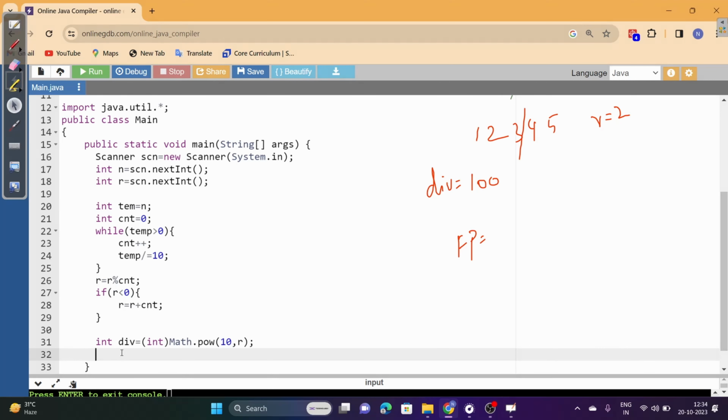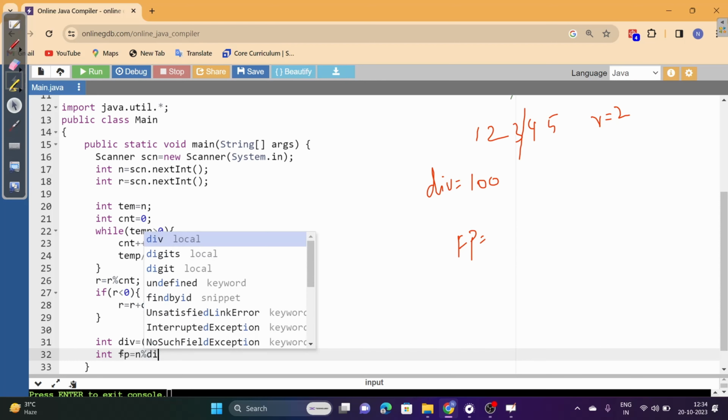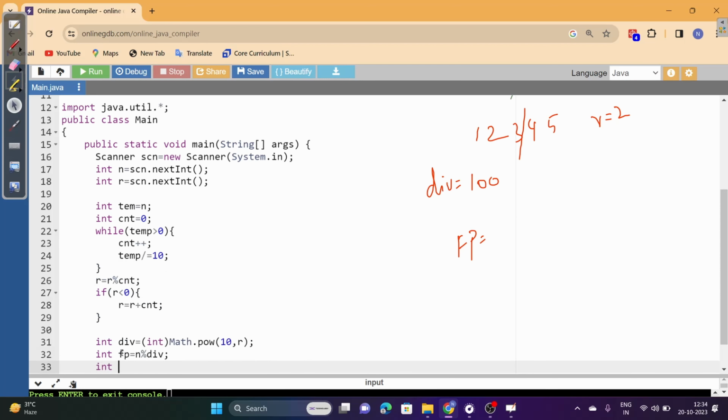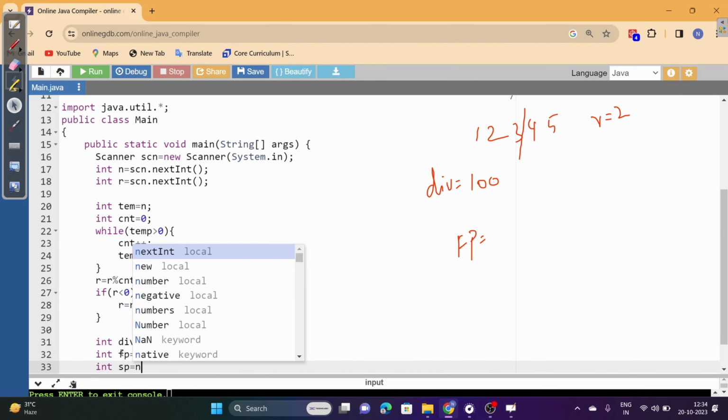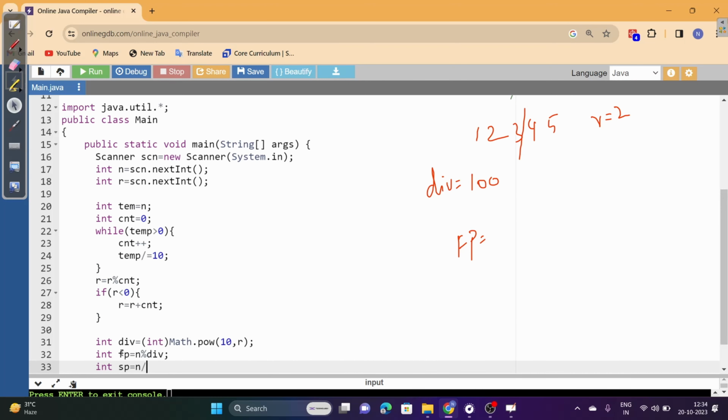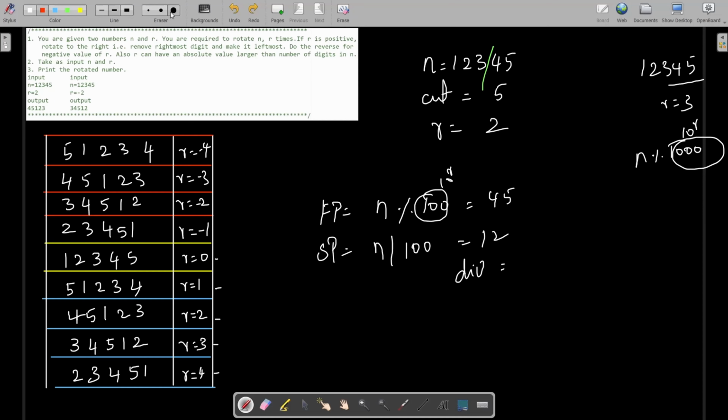How many times am I going to explain? It will make you bored. So int firstPart equal to number remainder of div, that's it. Int secondPart equal to number divided by div, that's it. So I'll get first part and second part here.